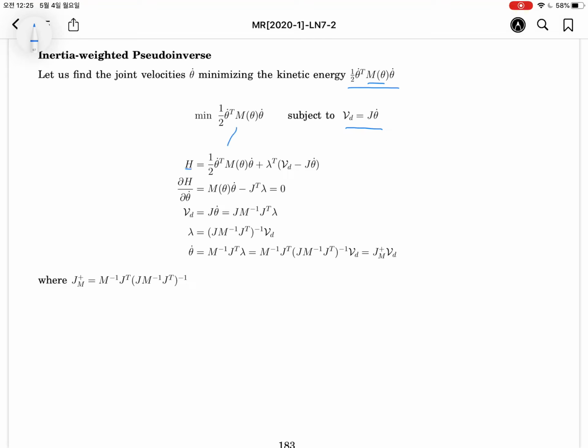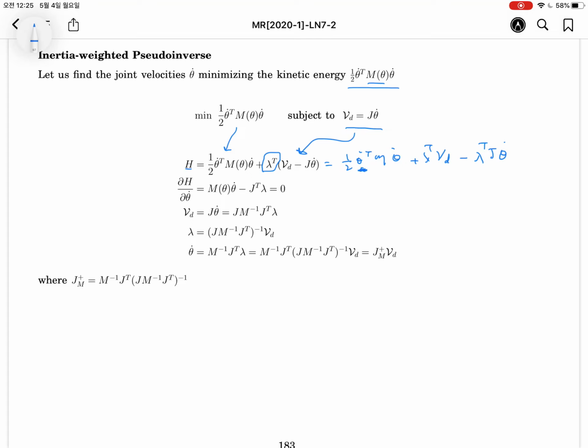The Hamiltonian will be given by the scalar term plus the constraint column vector. The Lagrange multiplier vector will be required to make the scalar value. Let's write down again: one half theta dot transpose inertia matrix theta dot, plus lambda transpose twist minus lambda transpose J theta dot.